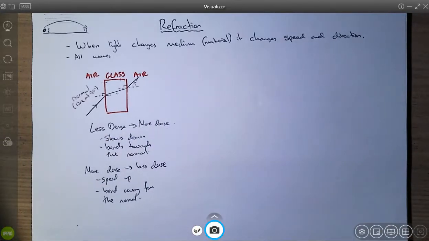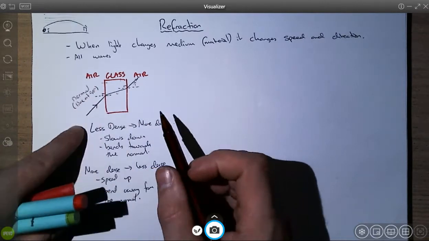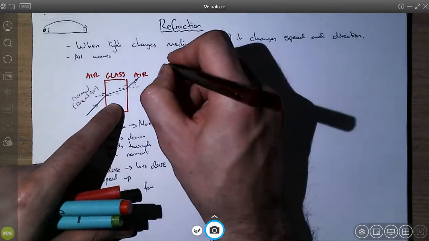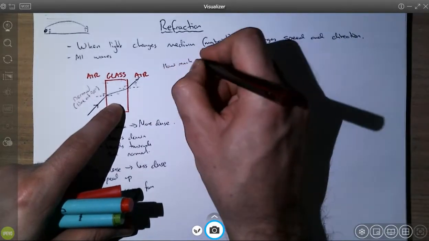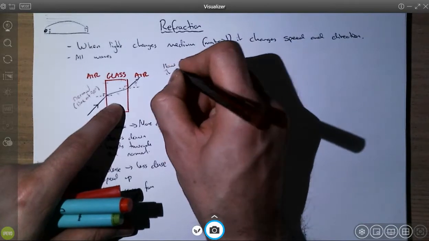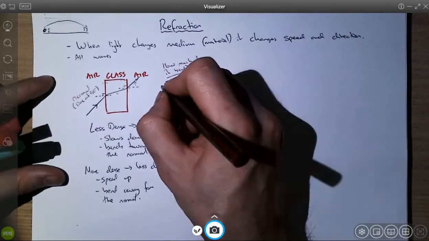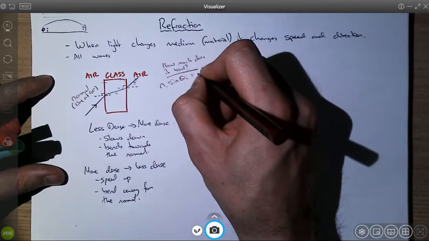So at this point, students might say, how much does it bend towards or away from the normal? So you can either say that doesn't really matter, or you can say that it is an A-level topic, but if you want to work it out, then you can use this formula here.